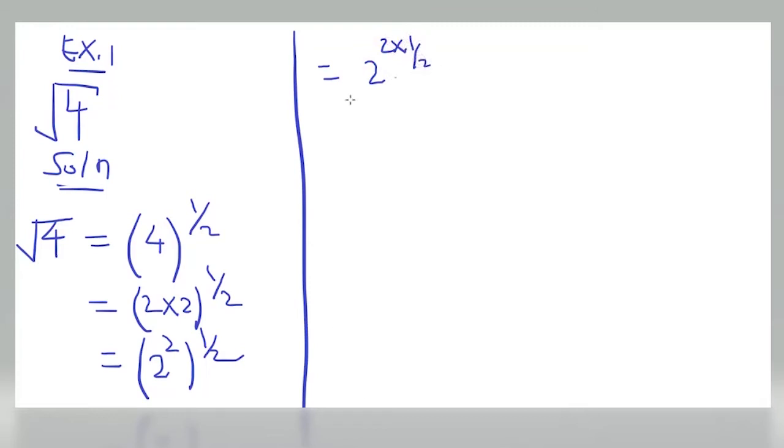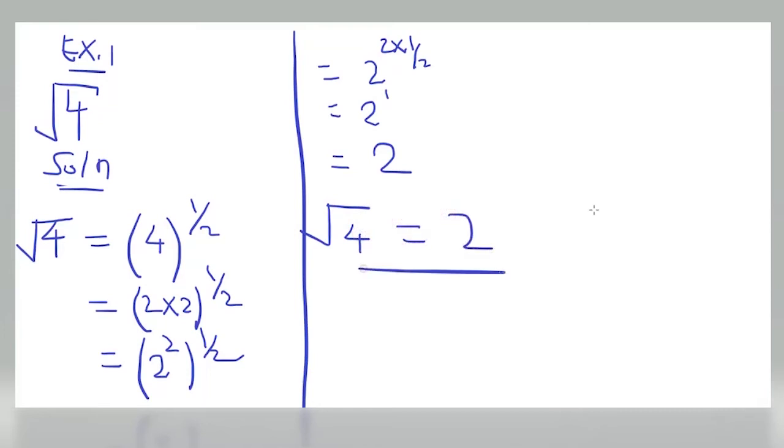So it's very important to memorize all the laws of exponents. Now 2 and 2 cancel, then I'm going to have 2 to the power 1, and any number to the power 1 is itself. Therefore, conclusively, I can say the square root of 4 is equal to 2. That is the answer.